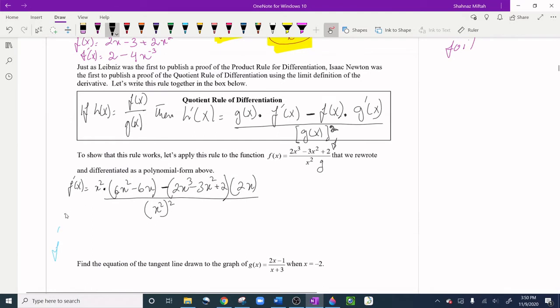So let's try and distribute. f prime x equals x squared times 6x to the power 4 minus 6x cubed, and then I'm going to keep minus and big bracket.